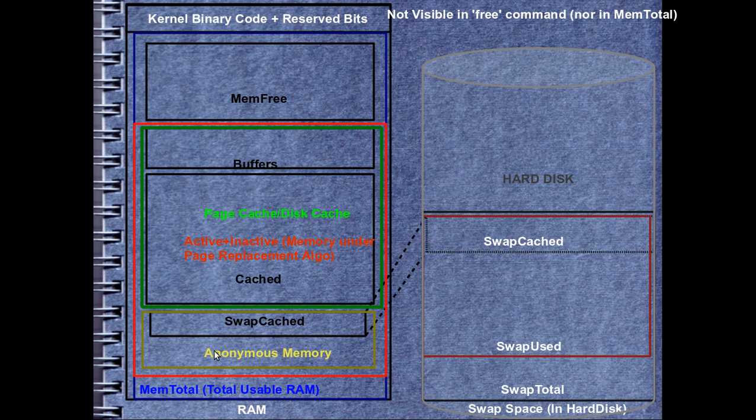Now we come on to anonymous memory. Anonymous memory has one part which is swap cached. Swap cached, it means some amount of anonymous memory which was swapped out. As you all know that swap space is present in the hard disk.